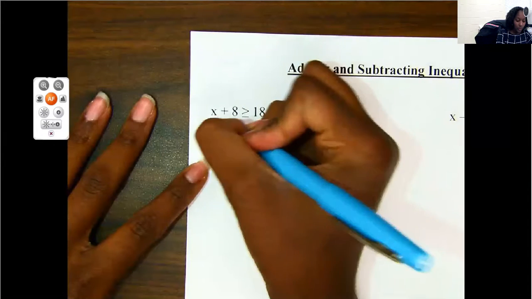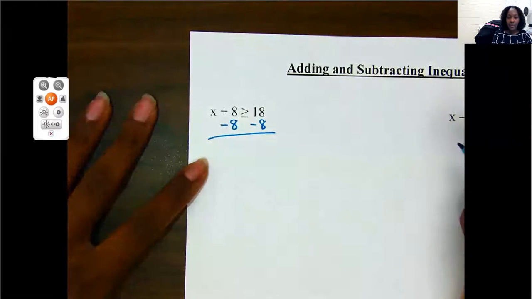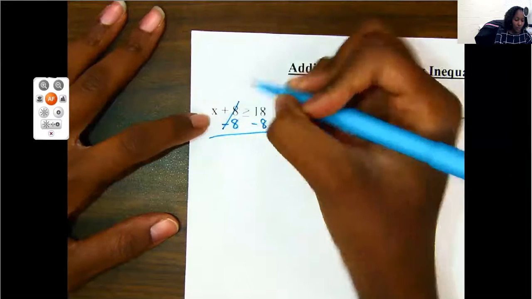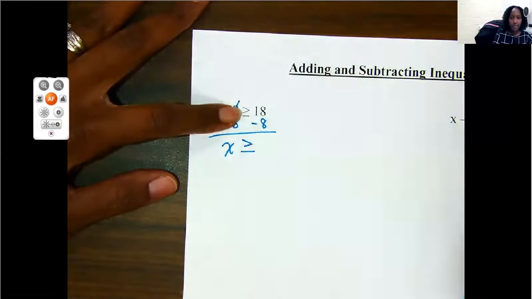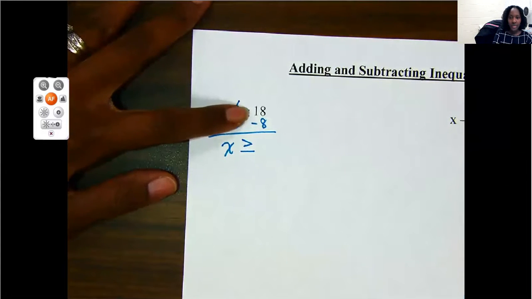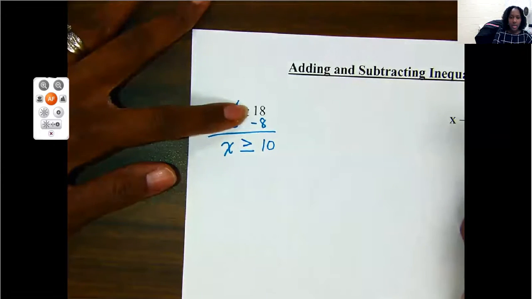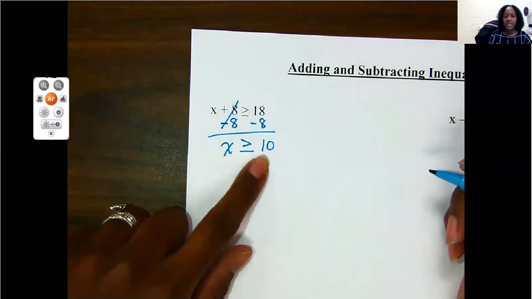So I'm going to subtract 8 from both sides of our inequality. A negative and a positive 8 will cancel each other out and leave you with just your x. I'm going to bring my inequality symbol down, and then I'm going to proceed. 18 minus 8 leaves me with 10, okay? So our answer is x is greater than or equal to 10.